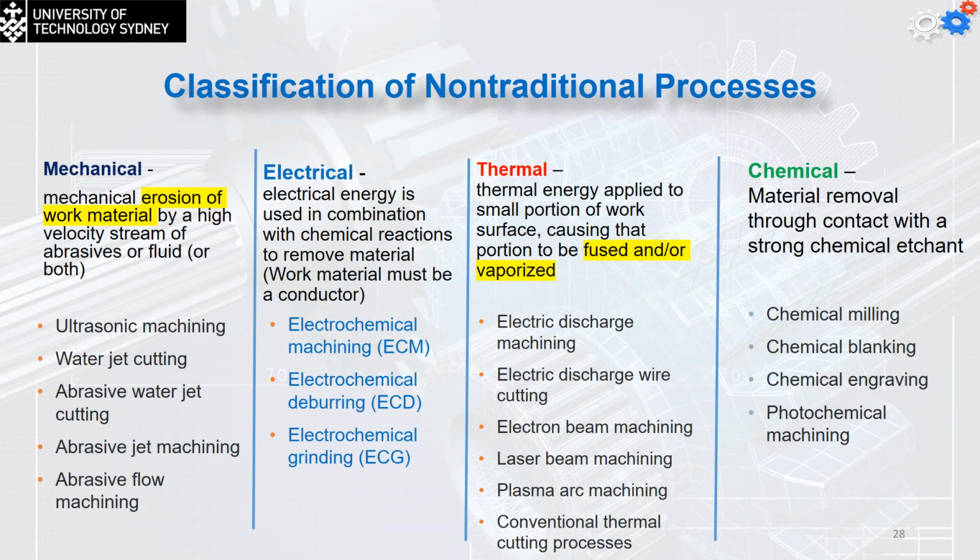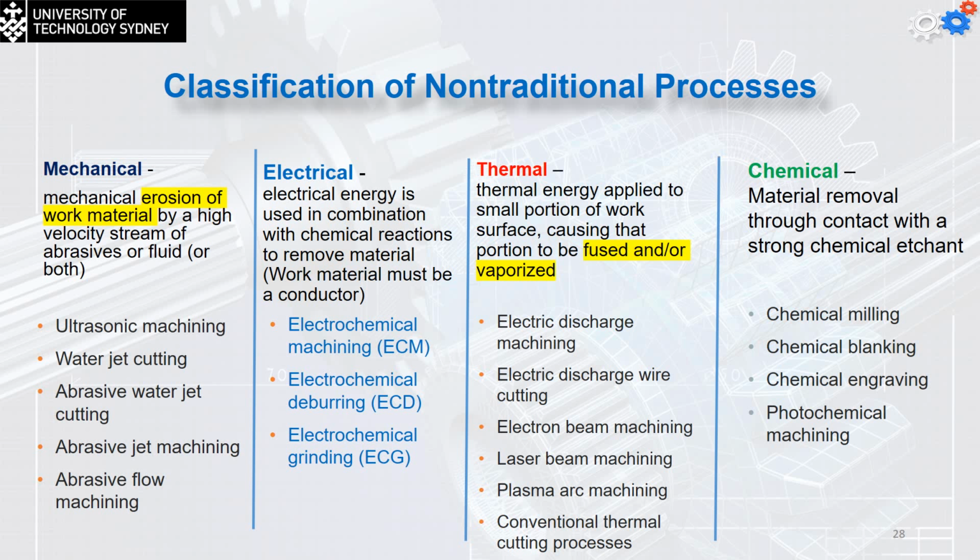The classification of non-traditional processes is mechanical, electrical, thermal, and chemical. For the mechanical methods, there is mechanical erosion of the work material by a high velocity stream of abrasive or fluid or both. I highlighted the erosion because you always hear about something called corrosion, and we also have erosion.